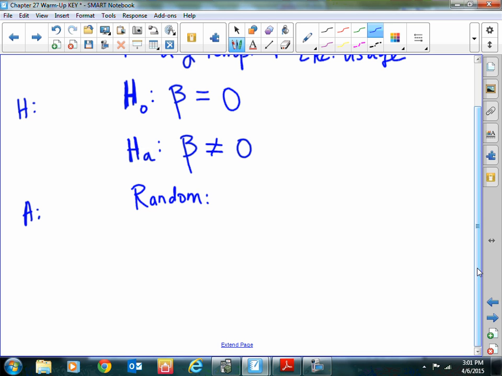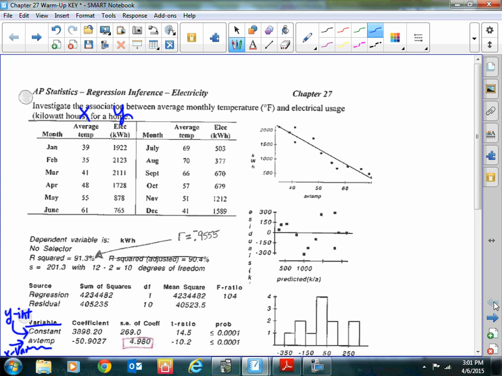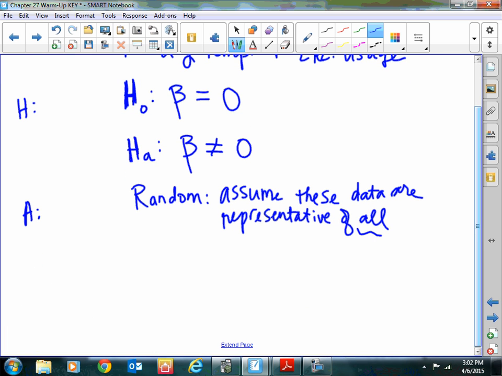I didn't see that it was randomly selected up there, so I'm going to assume these data are representative of all, whatever this is. Are these households? Yeah, for a home. Of all such, remember that nice little keyword there, all such homes. Okay, perfect. Then I kind of got that covered.